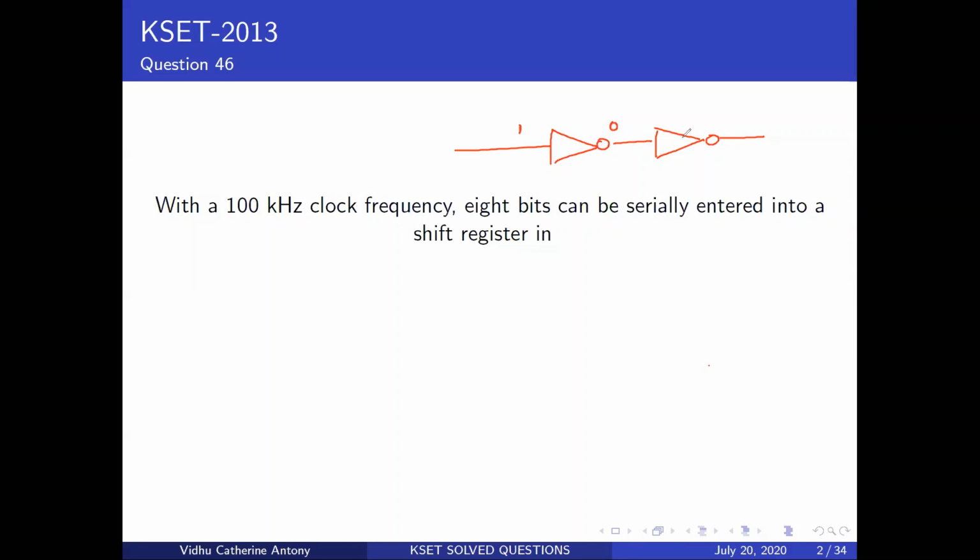And if I feed a 0 into this, I end up getting a 1. And I'm taking this output and putting it back to my input. These kinds of circuits are called sequential circuits. Now this is the basic idea that you use to store memory.